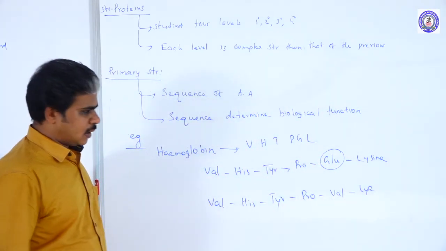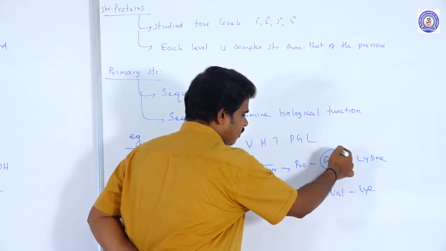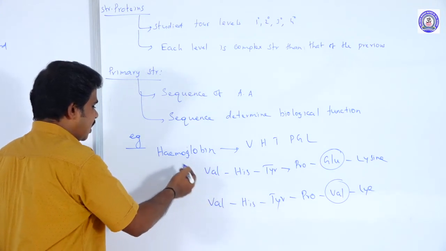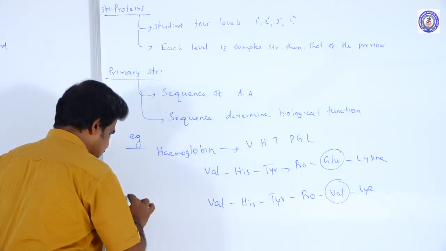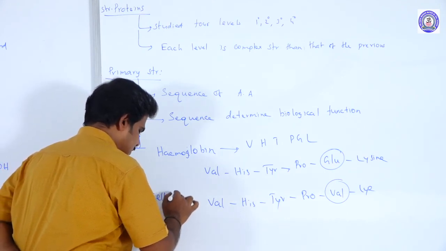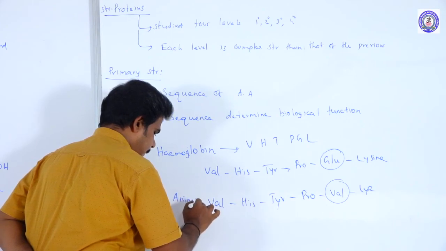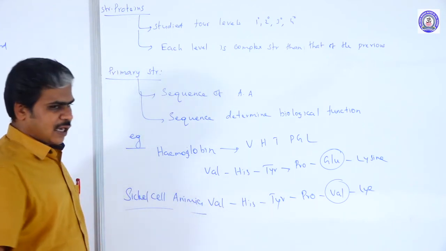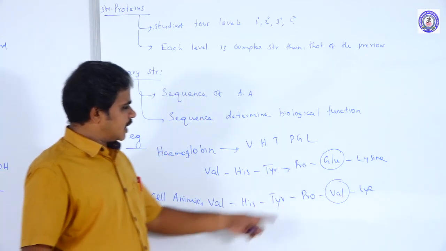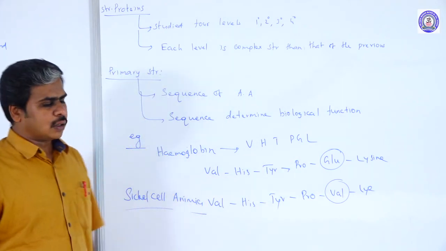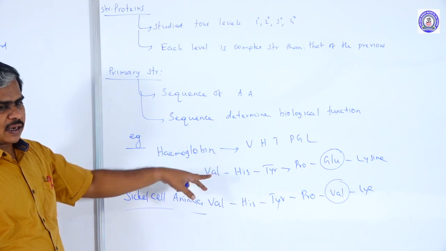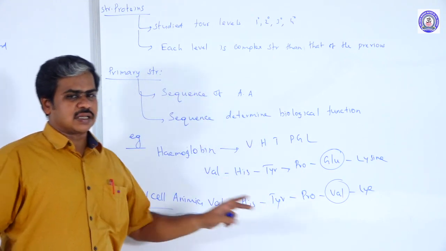Now it is not normal hemoglobin, it is sickle cell anemia. So in normal hemoglobin the amino acid is glutamic acid, and in sickle cell anemia it is valine. So if the sequence is changed, then the biological function is also changed.